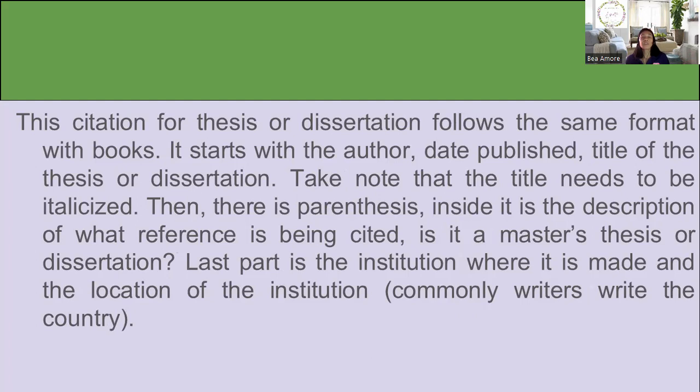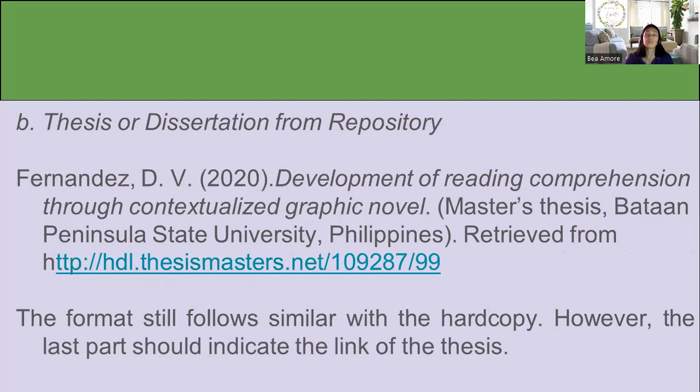It starts with the author, date published, and title of the thesis or dissertation. Take note that the title needs to be italicized. Then, there are parentheses; inside them is the description of what reference is being cited, a master's thesis or dissertation. The last part is the institution where it was made and its location. Commonly, writers write the country.